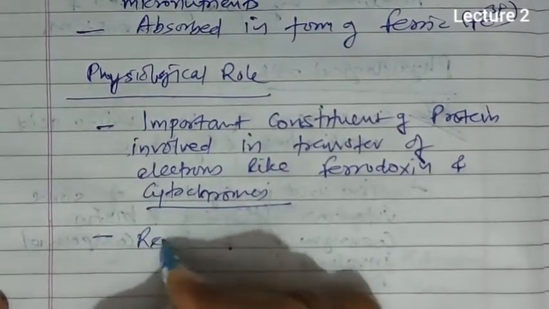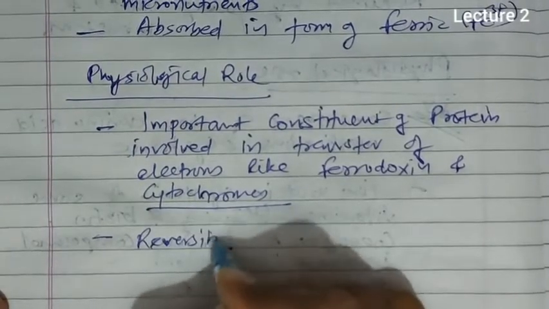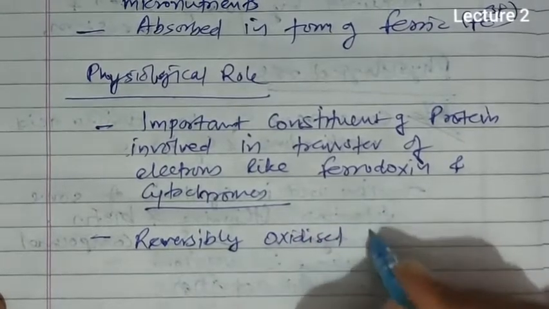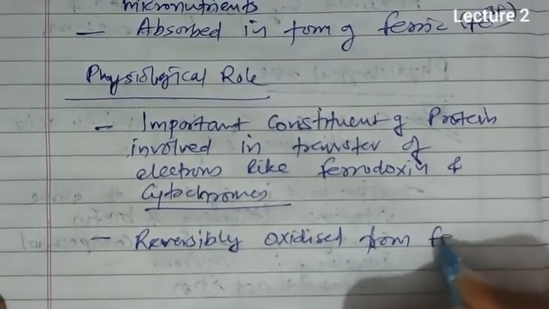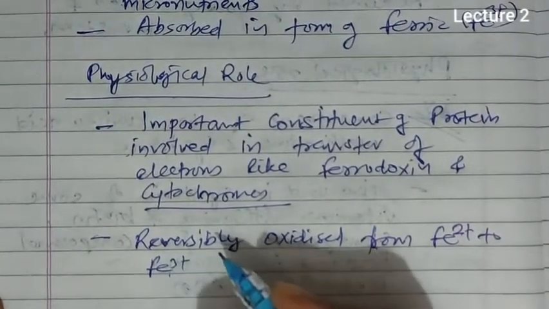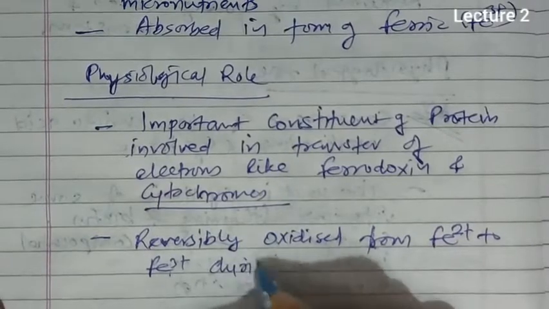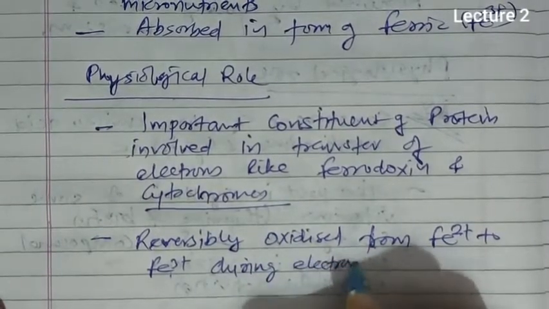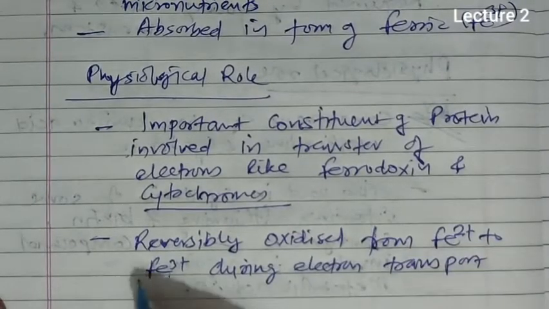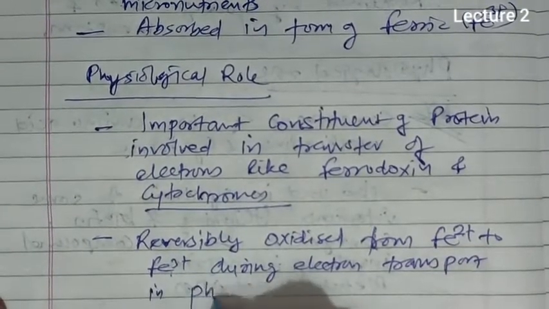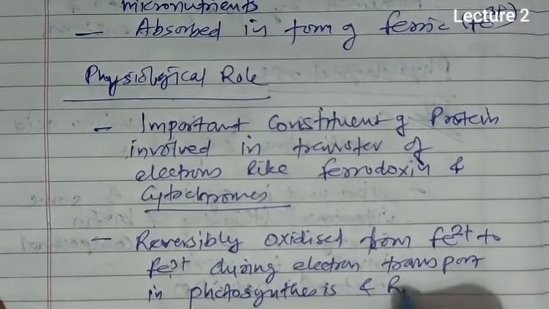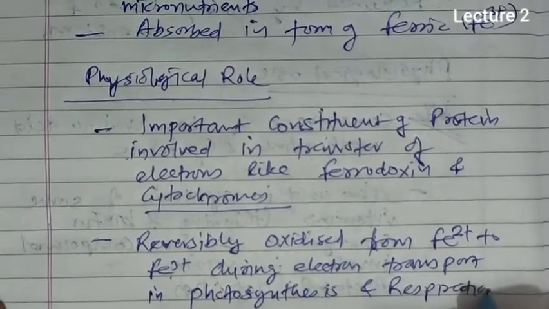It is reversibly oxidized from Fe2+ to Fe3+ during electron transport in photosynthesis and respiration.